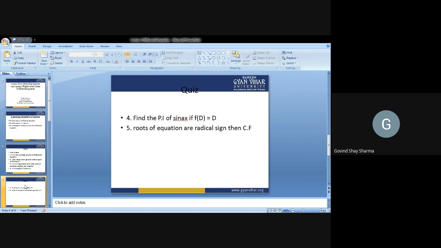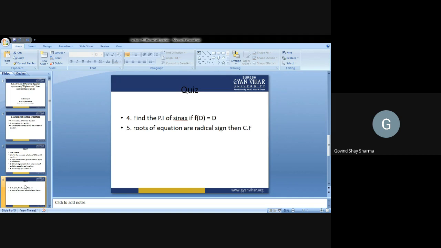Now, students, we will do the special case of differential equation. Special case means yesterday I took an example of the 1 plus x case, when we find the PI of 1 plus x.